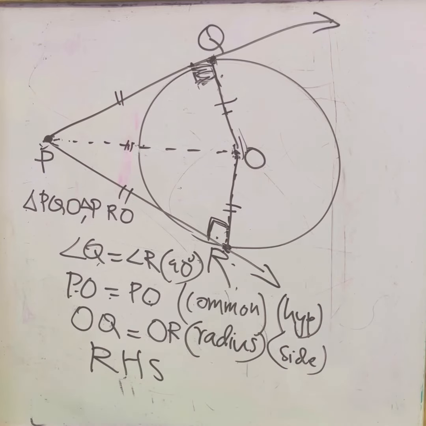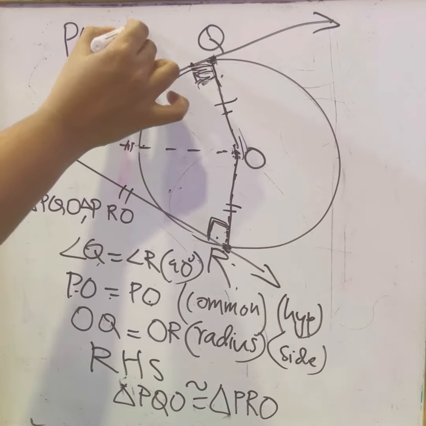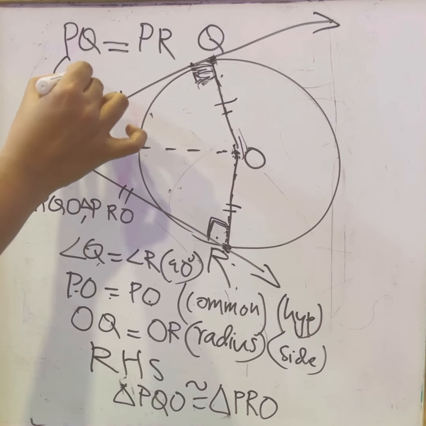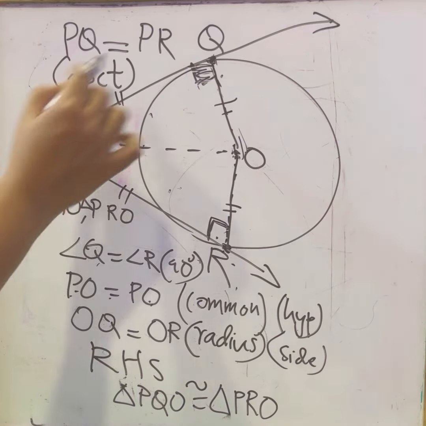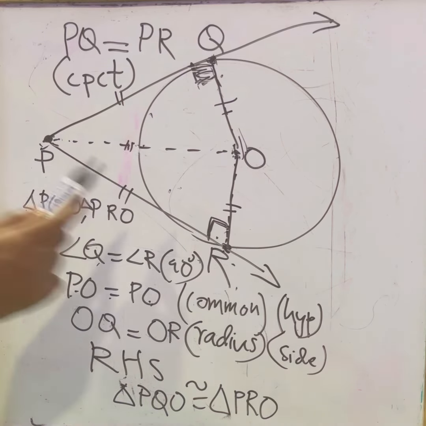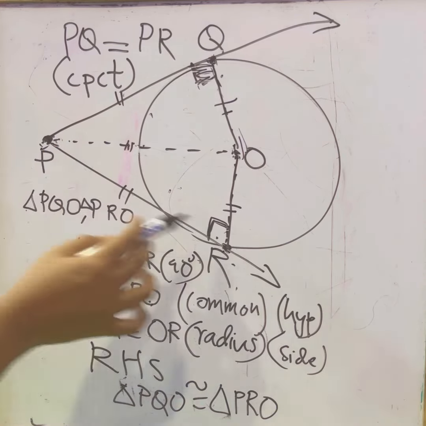According to RHS congruency, triangle PQO is congruent to triangle PRO. Now we can consider PQ from this triangle and PR from the other triangle. They will be equal, the reason being corresponding parts of congruent triangles, that is CPCT. So we proved PQ is equal to PR. Now coming to the circle, both are tangent lengths drawn from one single external point. So PQ equals PR. That was the theorem.